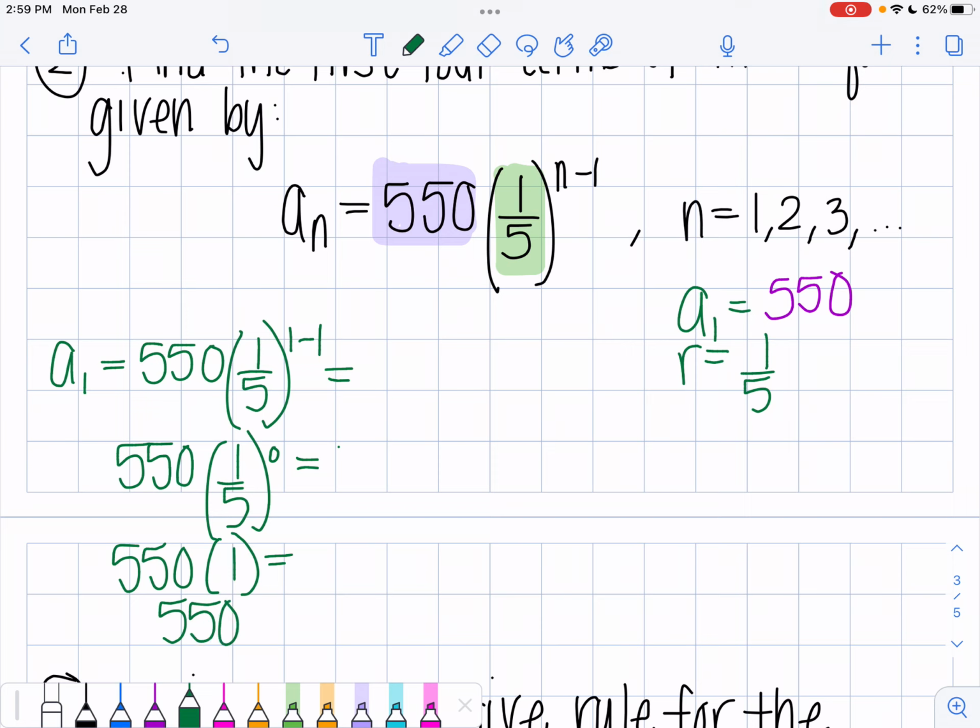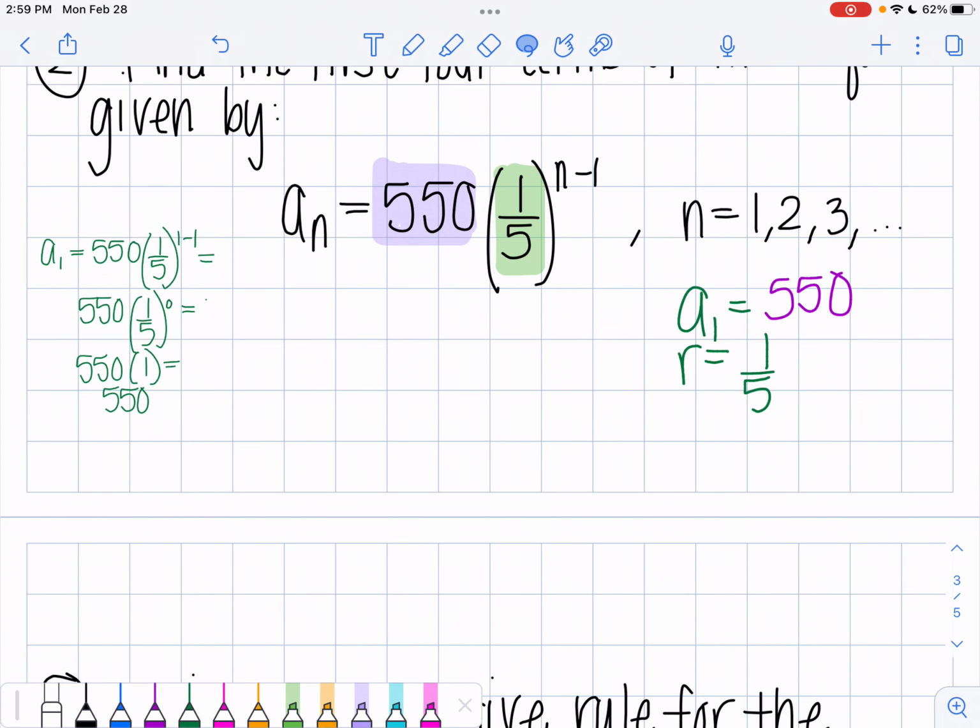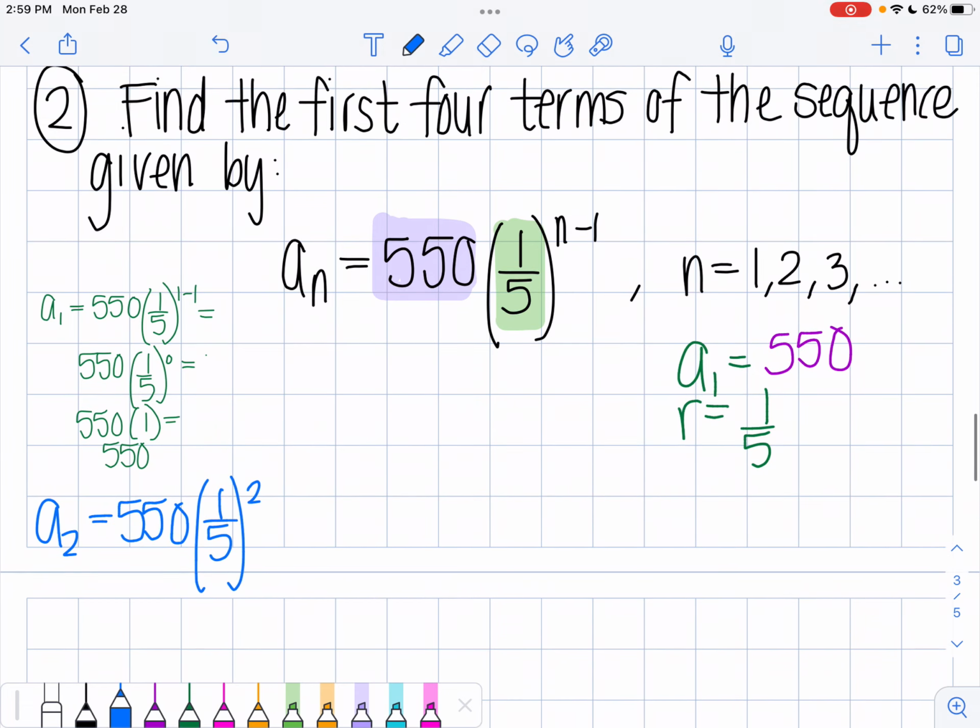Okay. I'm going to shrink this so that we have some space. A sub 2 is 550 times 1/5 to the 2 minus 1, which is 550 times 1/5 to the first power.